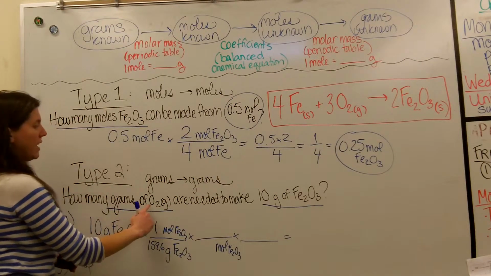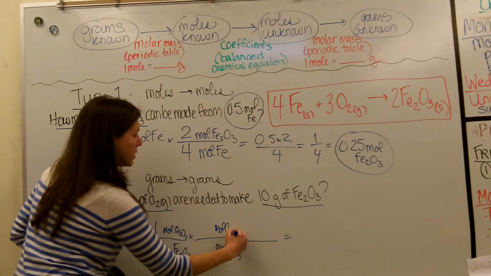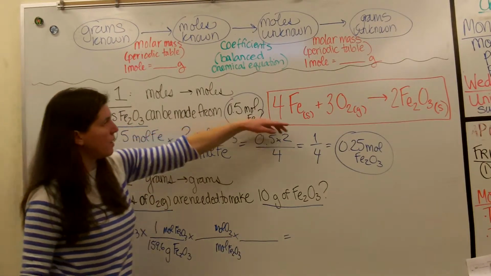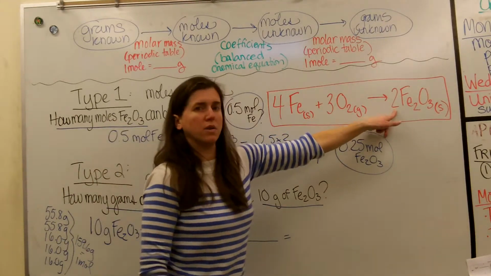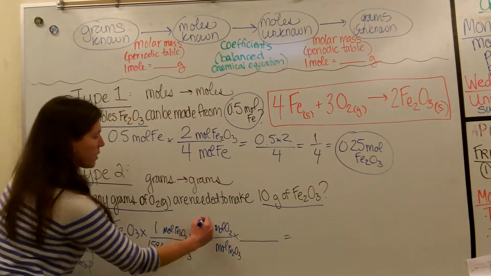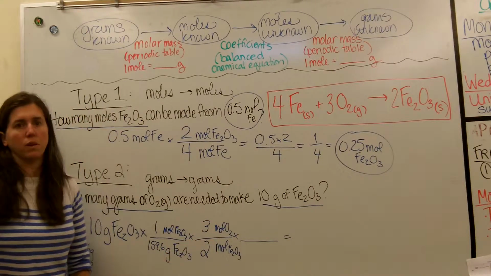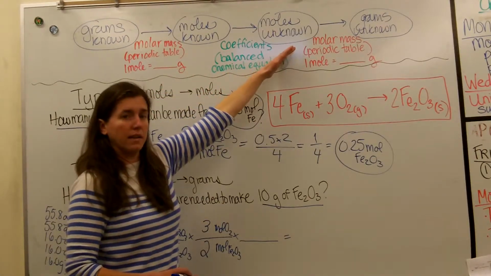So I'm trying to find O2. So on the top, I'm going to put moles of O2. And then I look at the chemical equation, and it tells me I need 3 O2s for every 2 Fe2O3s. So I'm going to put 3 moles of O2 for every 2 moles of Fe2O3. And now I've figured out how many moles of O2 I need.